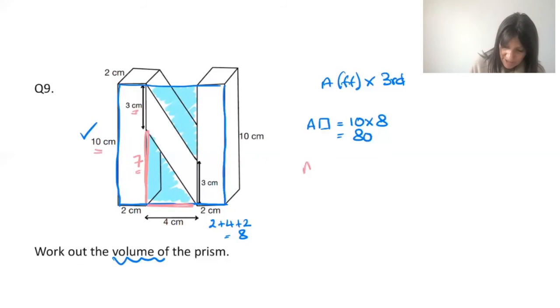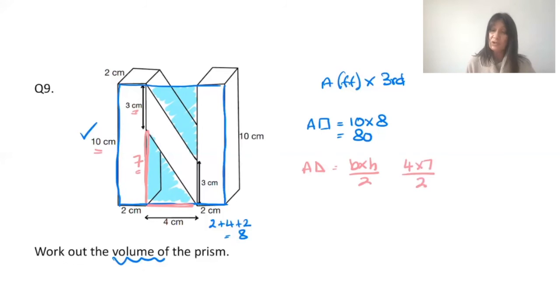So the area of my triangle, which is base times height divided by 2, is going to be 4 times 7 divided by 2. 4 7s are 28. Half the 28 is 14. But of course, I have that other triangle as well. Just double check it's got the same dimensions. 7 and 4, it absolutely does. So that triangle will be 14 as well.